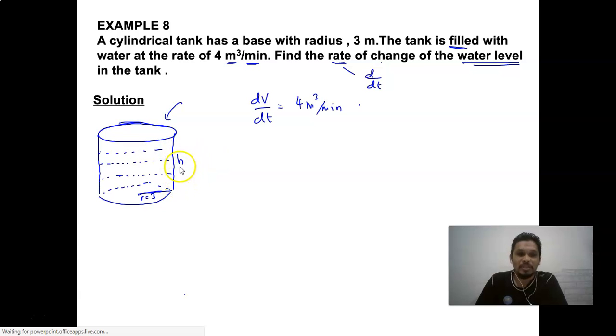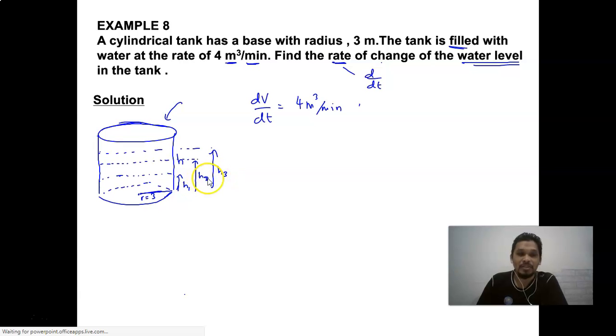So the changes from the bottom of this tank to this height, h1, and then h2, and let's say here h3.